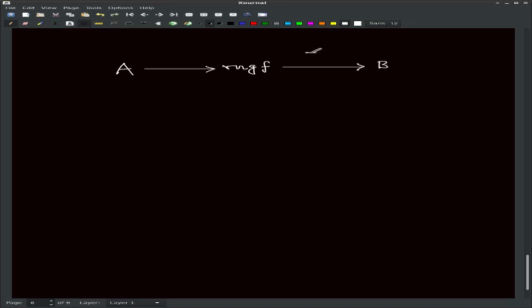So this was your I of range of F, and this was your F prime. Remember, this one was surjective, this one was injective. Now I am saying that suppose there is another way to do this. So suppose you have another factorization.